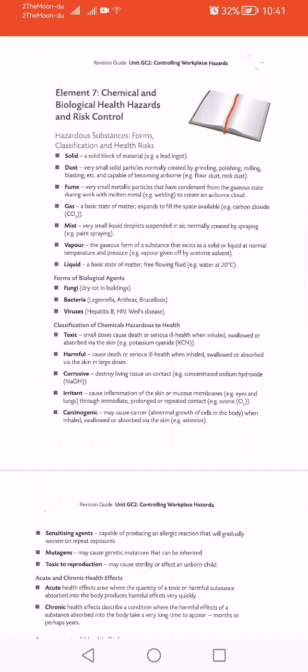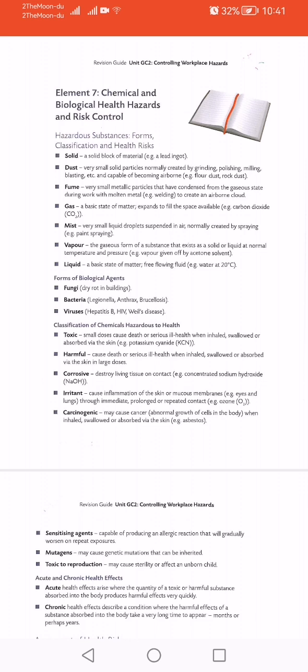It is a very small solid particle normally created by grinding, polishing, milling, blasting, etc., capable of becoming airborne. It can become airborne, like flour dust, and also like rock or rust dust.